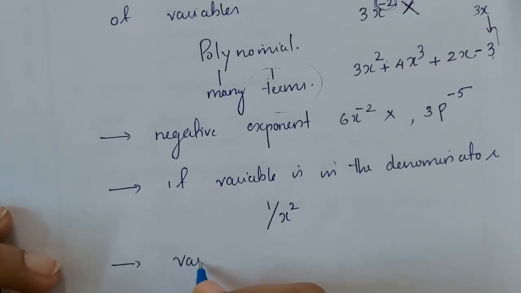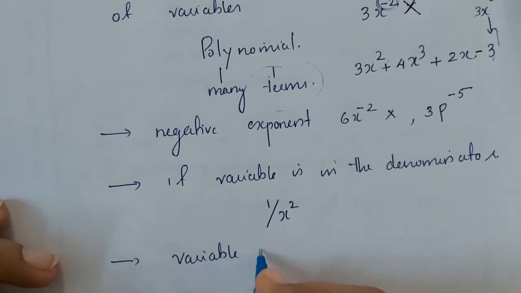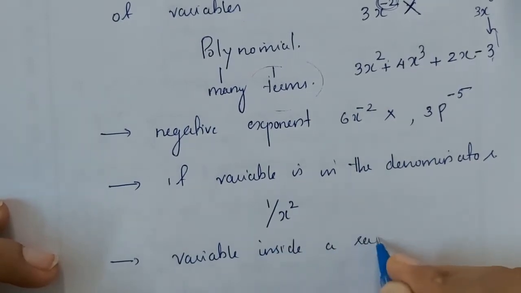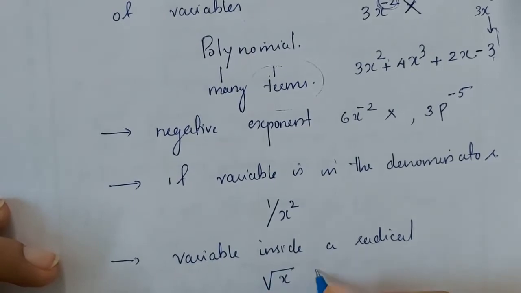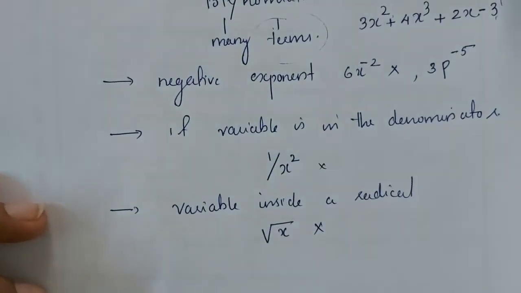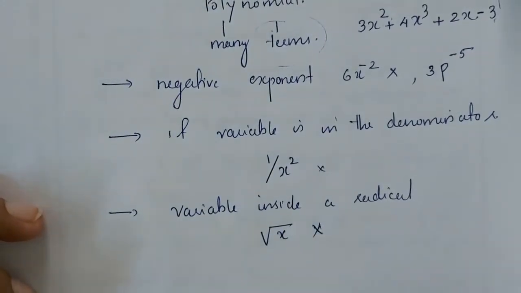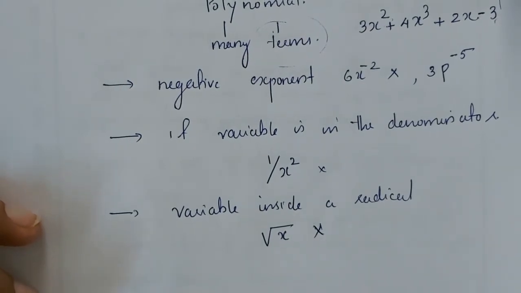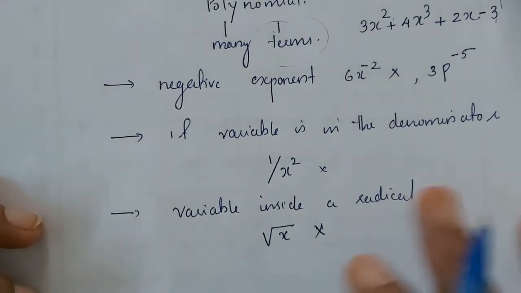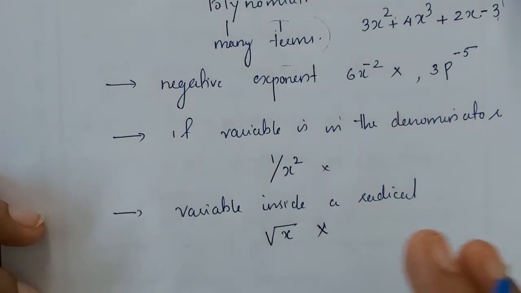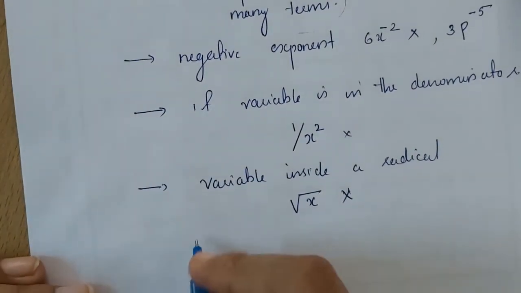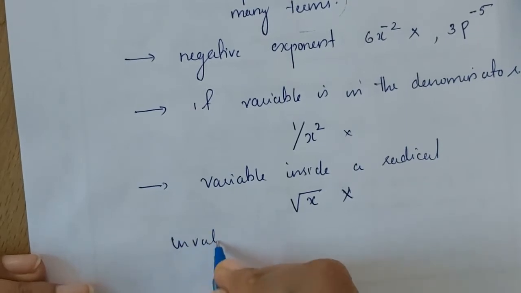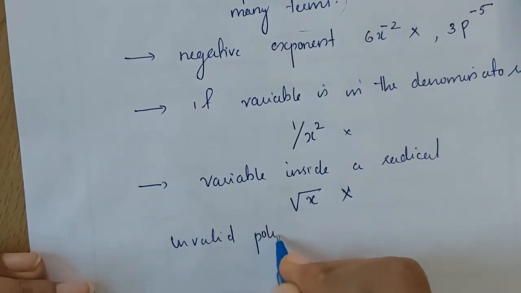A variable inside a radical or square root, that means root x, is not allowed. Or root x raised to 3, or root z raised to 3, or root y raised to 5. These are not allowed. So let's write some invalid polynomials.